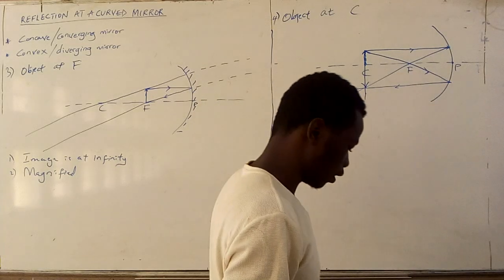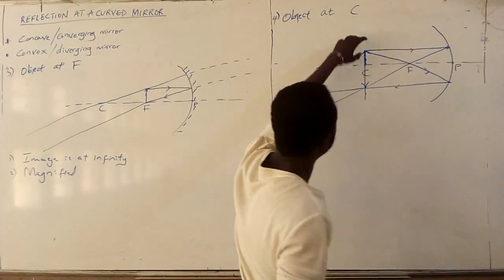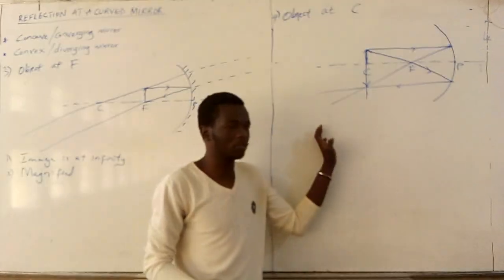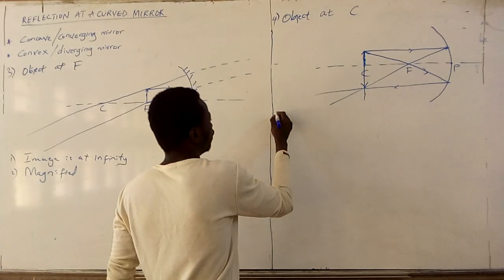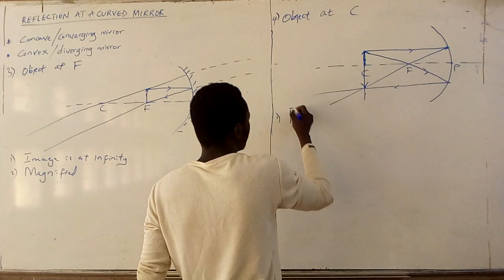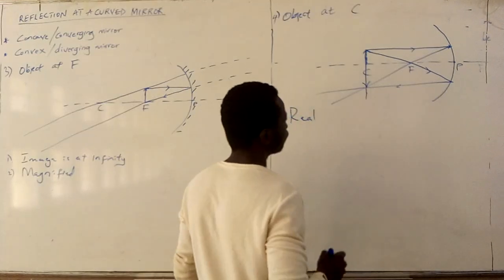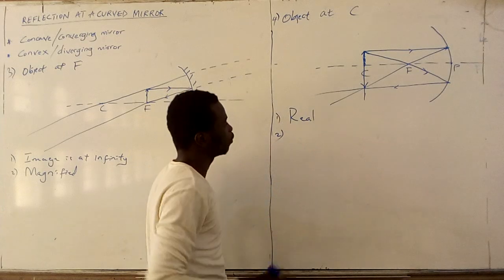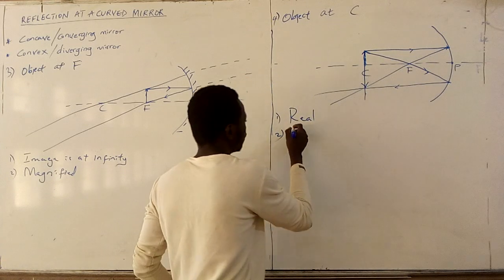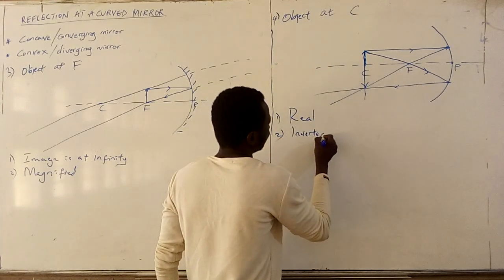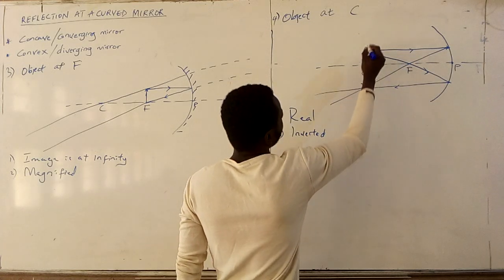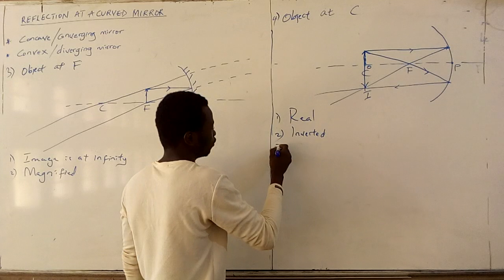So object is placed at C. If you are to use your ruler and using a particular measurement, you are going to find out that one property is that the image is formed at the front. So let's use real. So the image is real. 2, the image formed, you can see, is inverted. So this is the image formed, and we have this as the object. So it's inverted.